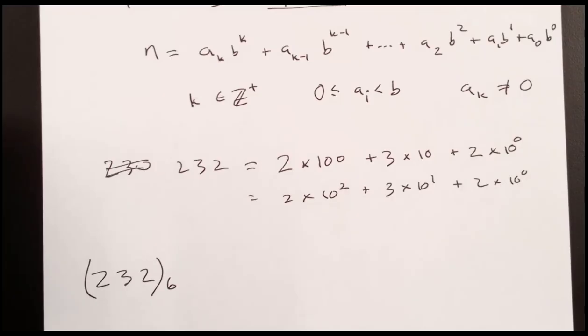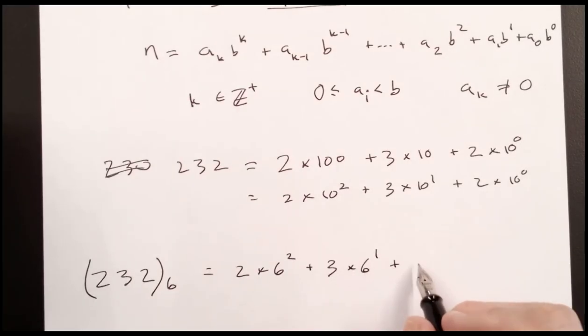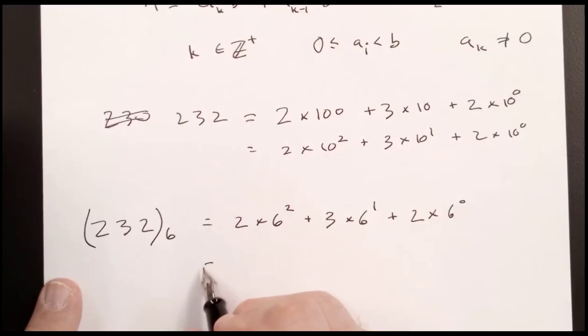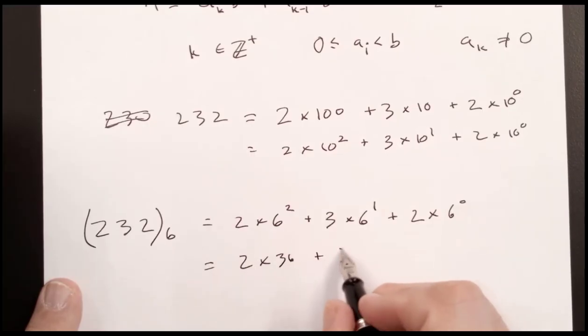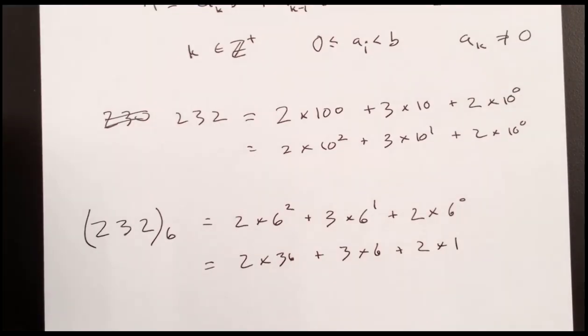Let's convert it. What is the base 10 decimal equivalent of this number? I'm going to do the exact same expansion, only instead of powers of 10, the powers of 6. So I have 2 times 36 plus 3 times 6 plus 2 times 1. So that's 72 and 18 and 2, which is 92.